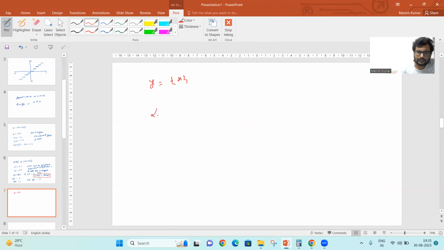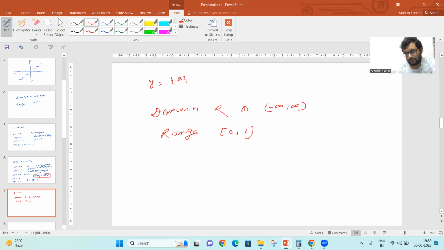Domain is again R, or minus infinity to plus infinity. Range is 0 to 1, open interval at 1, because 1 will not be included. If it equals 1, then its fractional part is 0. See its graph.